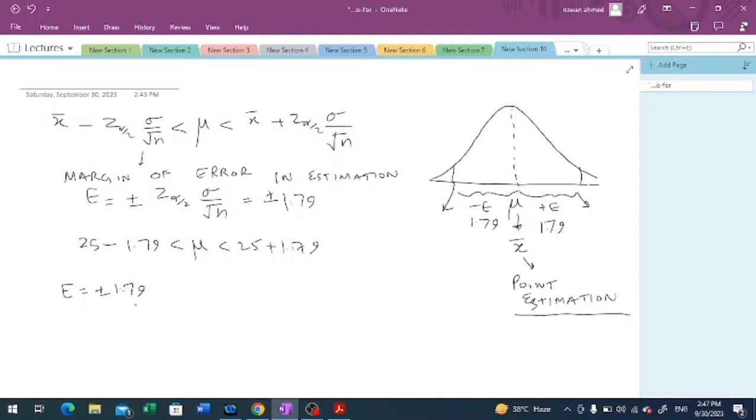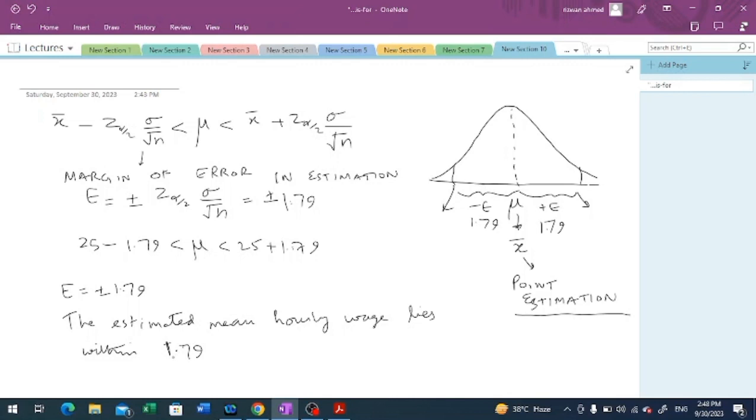We interpret this as: the estimated mean hourly wage lies within 1.79.